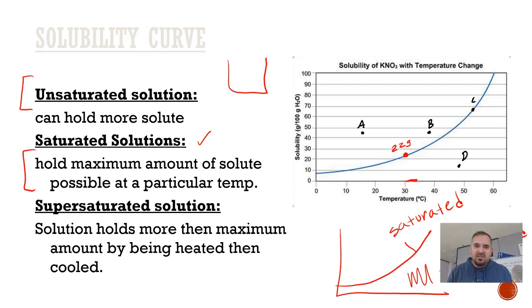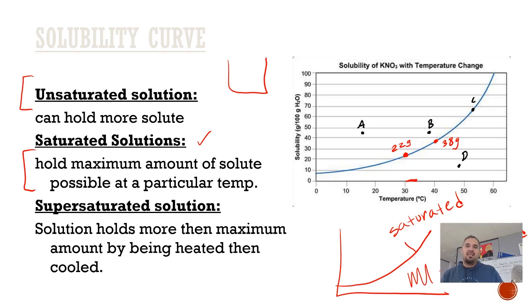Now, if we increase the temperature to 40 degrees, we can dissolve about 38 grams. So increasing the temperature also increases the solubility. So more will dissolve at different temperatures, less will dissolve at different temperatures. And not all the lines look like this. You'll be looking at these charts very soon. But for now, that's what you want to know. So increasing temperature will increase the amount that you can actually dissolve.